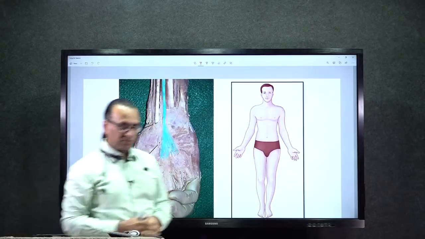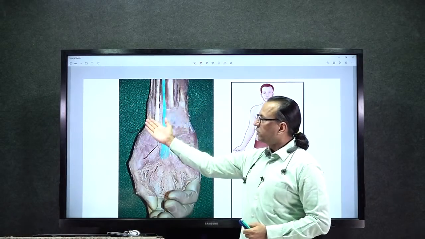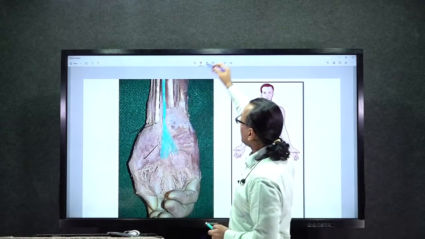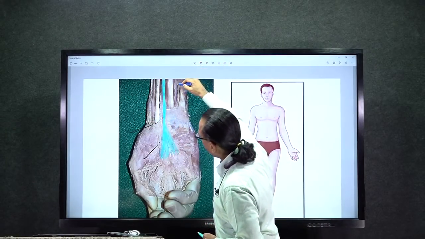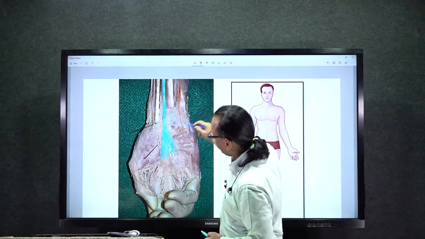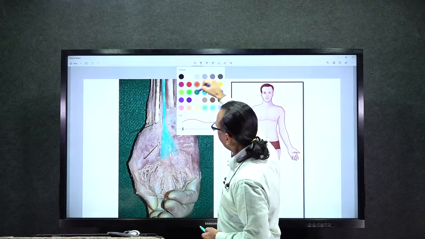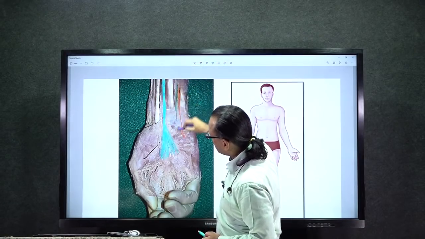So maybe you will be looking at multiple practice MCQs, and the more MCQs you practice, then you realize that we were talking about basically the ulnar nerve here passing superficial to the flexor retinaculum, the ulnar artery here passing superficial to the flexor retinaculum.